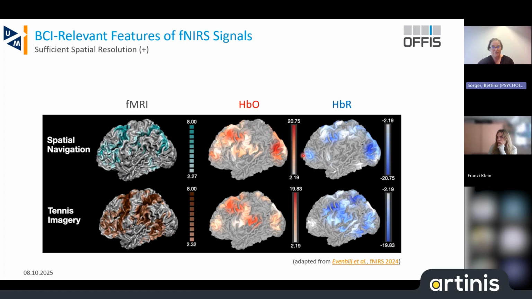You really see, first of all, that the correspondence of HbO and HbR is really striking. And you also see that the consistency across the imaging modality is very striking too. Especially for these cortical activities like imagery, the spatial resolution is, I would say, more than sufficient.